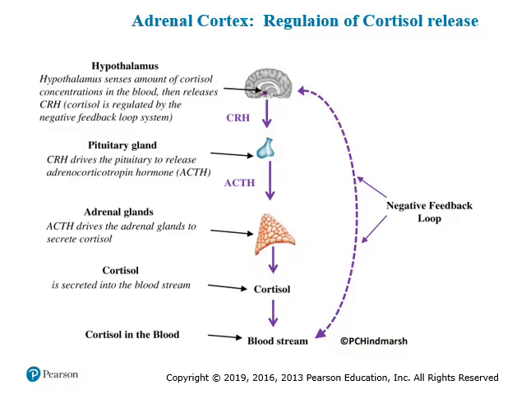Then it is directed to the anterior pituitary cells, the corticotrophs, and it is now going to stimulate the release of ACTH. When ACTH is around, ACTH targets the adrenal gland, and it drives the adrenal gland to secrete cortisol itself. When cortisol is secreted into the bloodstream, it is now going to have the effect that it should.